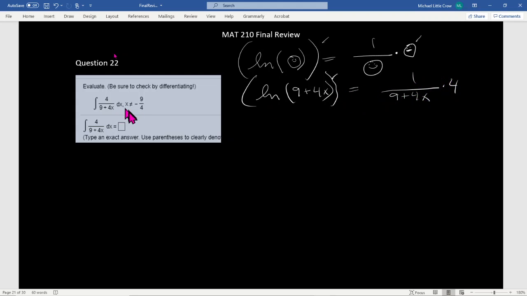So that's what I got. So we're starting with this and being asked to go back here. So hopefully you can see that the integral of 4 over 9 plus 4x is going to be natural log of 9 plus 4x.